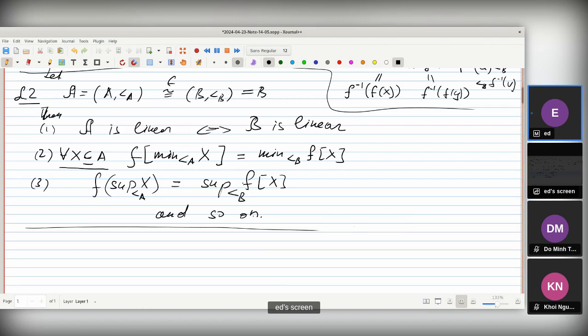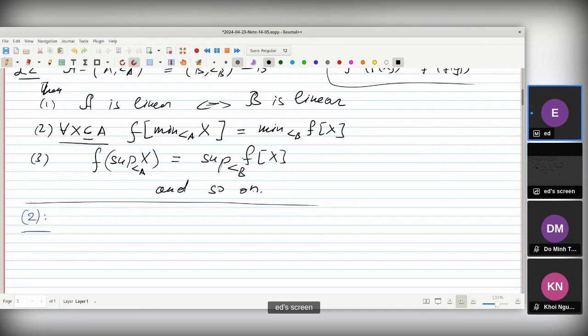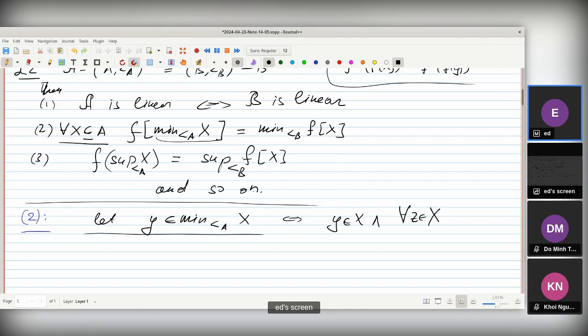How can we prove, say, the second claim? Let us prove the second claim. So assume that something is a minimum. So let us say y belongs to the set of minima of X. What does it mean? It means that y belongs to X and no z from the same set is less than our y.